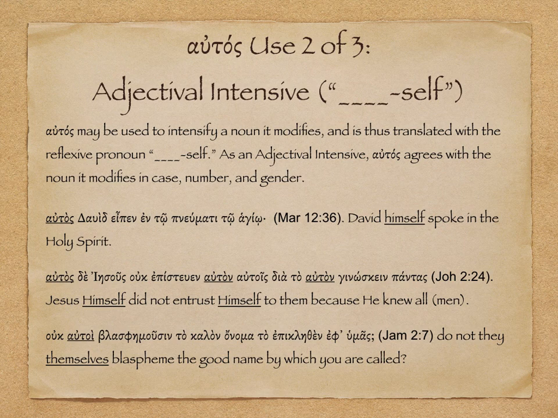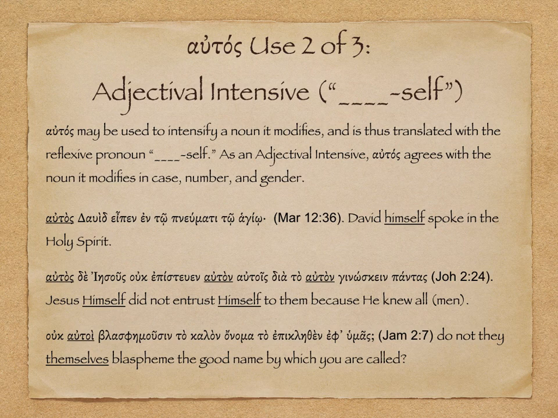And finally there, James 2:7. Ouk autoi blasphēmousin to kalon onoma to epiklēthen eph' humas? Do not they themselves blaspheme the good name by which you are called? Autoi here. They blaspheme, they themselves. The actual subject is embedded in the verb, and this is true, we'll see, in all verbs, beginning, we'll notice, in chapter 15.